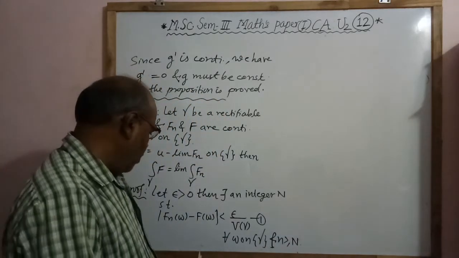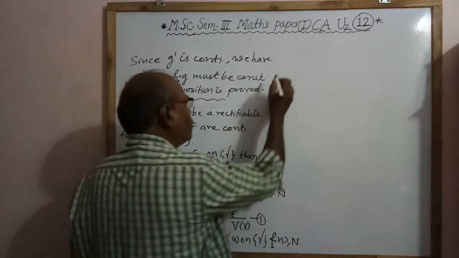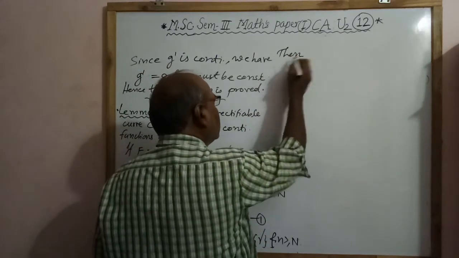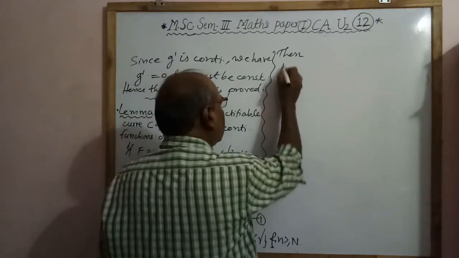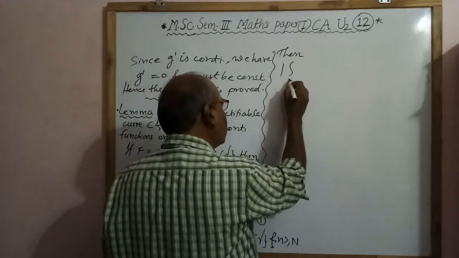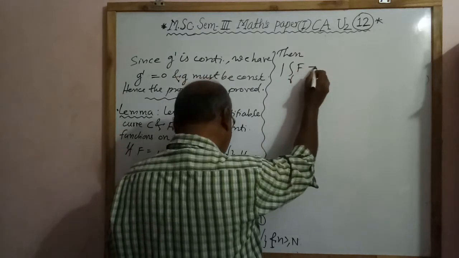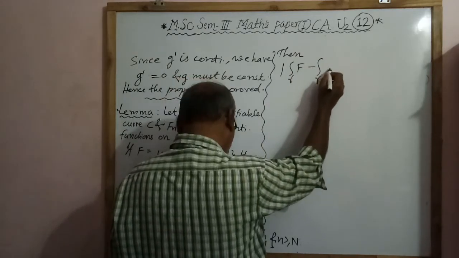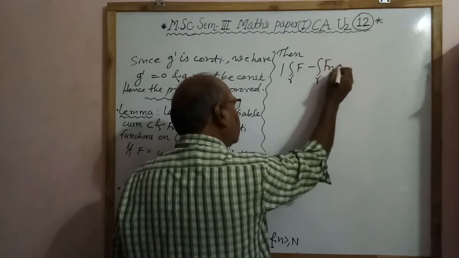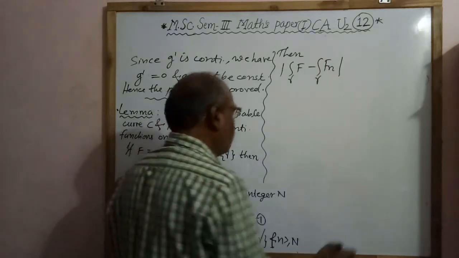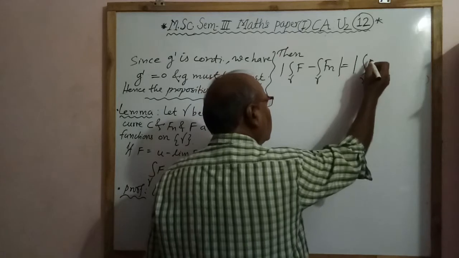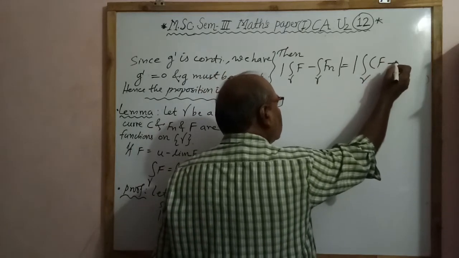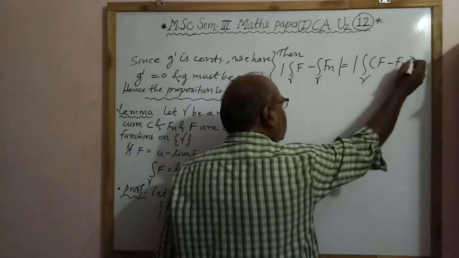Then we consider the mod of the integration. Then mod of the integration of f over gamma minus the integration of fn over gamma equals mod of the integration over gamma of f minus fn.